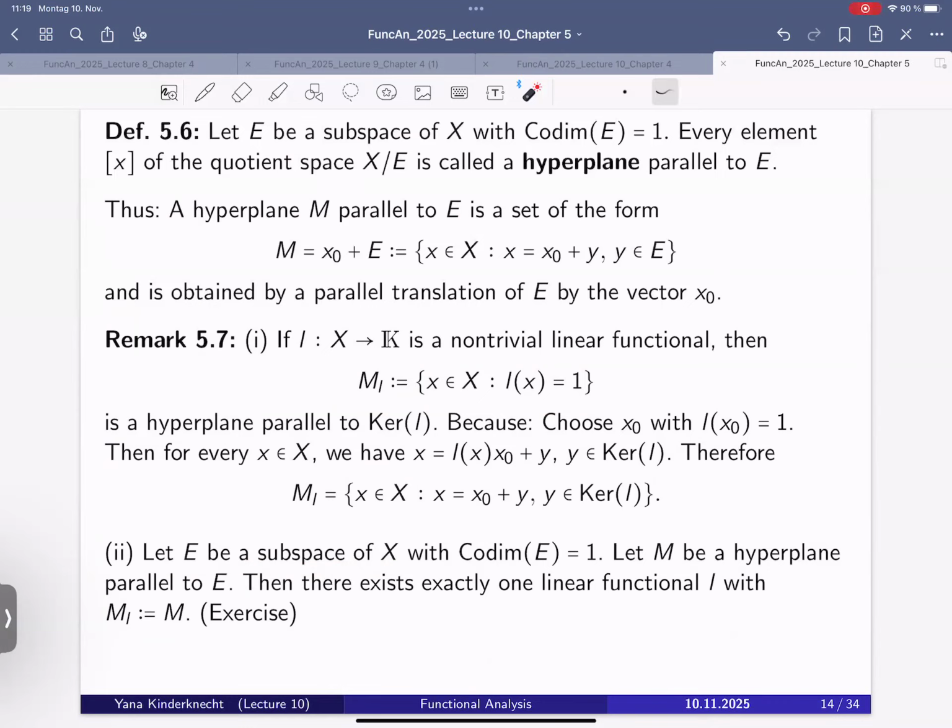We may consider also a factor space, and then classes of equivalence of elements of this quotient space are nothing else but hyperplanes of level sets of this linear functional with different levels. And these hyperplanes are all parallel to the vector subspace, which is the kernel of this linear functional.